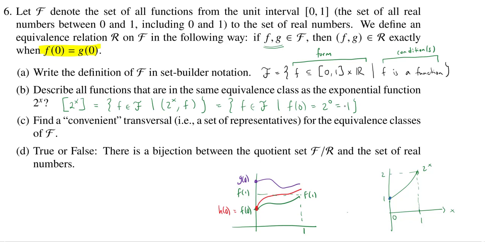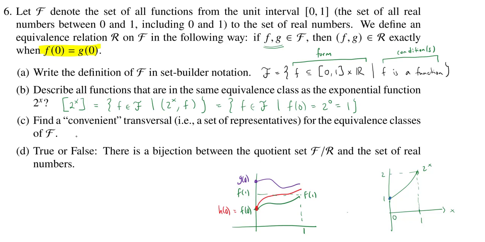All right, let's look at C. Find a, quote, convenient transversal, i.e. a set of representatives, for the equivalence classes of F. Okay, well, I guess there's a little bit of subjectiveness, right? What is a convenient transversal?